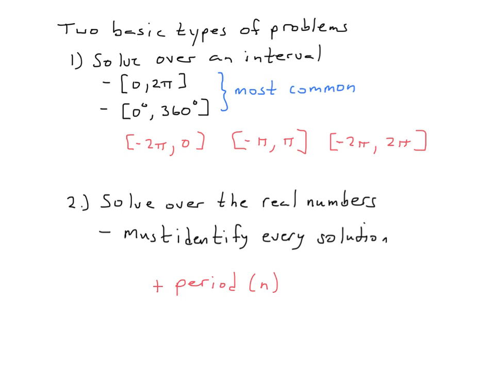And the phrase that we'll have after that is where n is an integer. That is going to give us all solutions to that problem. So we want to keep that part in mind as we go through this, and we'll see an example of how we can apply that in the next couple slides.